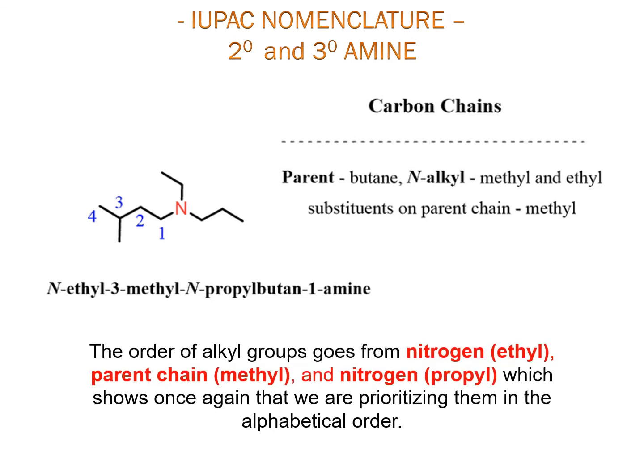The order of alkyl groups goes from nitrogen ethyl, parent chain methyl, and nitrogen propyl, which shows once again that we are prioritizing them in alphabetical order.